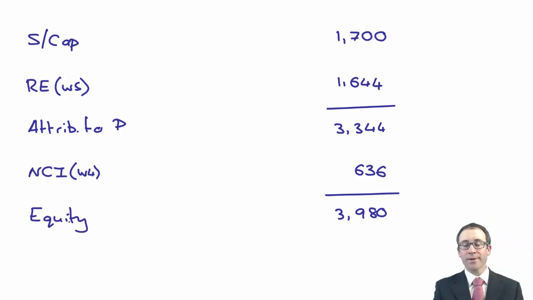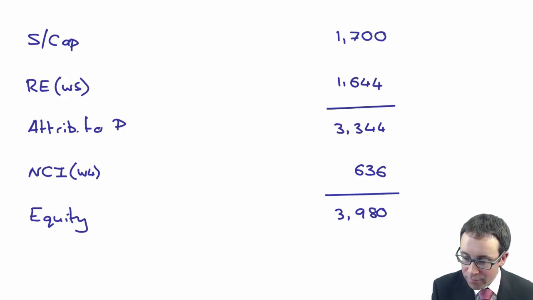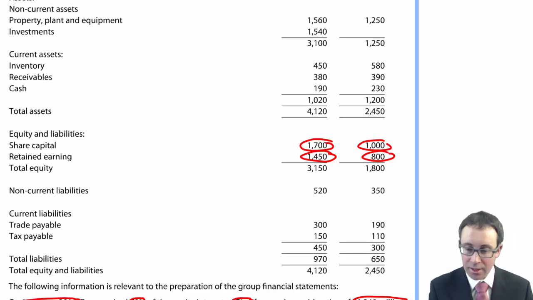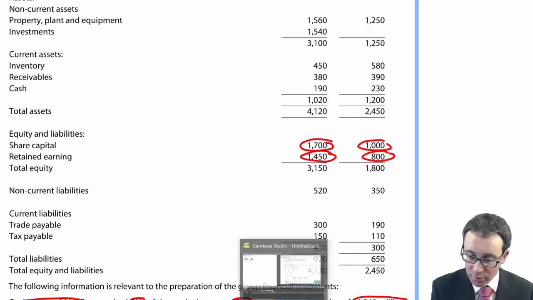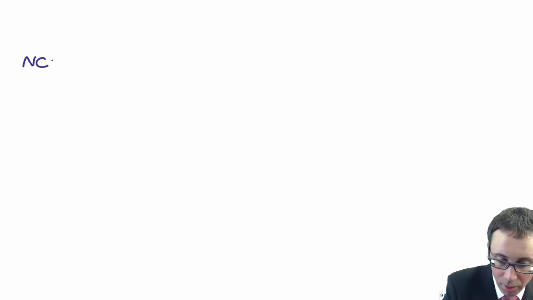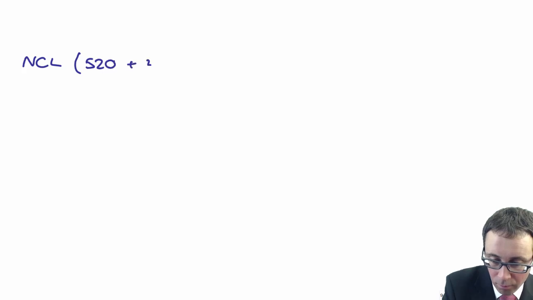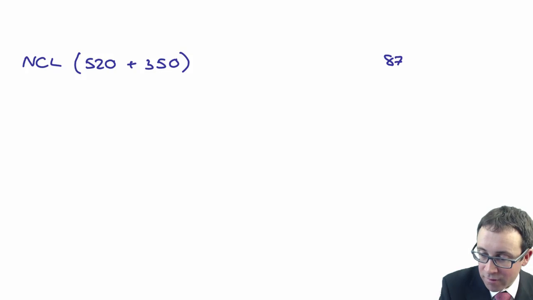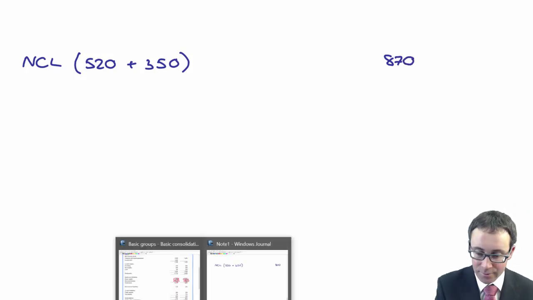Okay, excellent. And then to finish it off, we've got some liabilities to deal with, isn't it? So non-current 520 and 350. So 520, 350, is that 870?